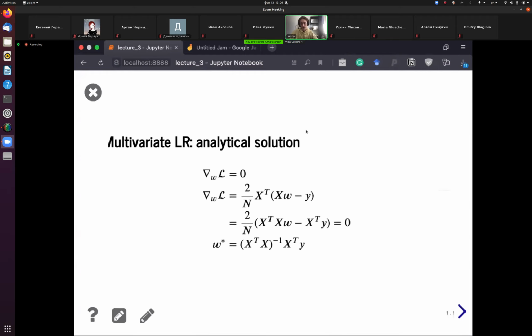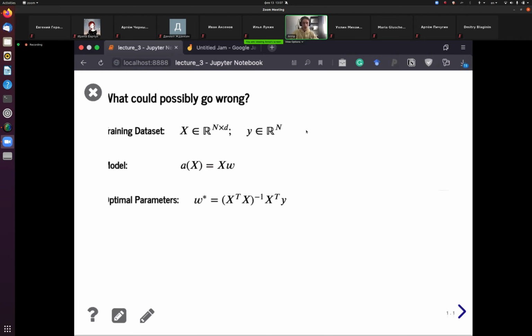We need to take the gradient and solve the equation when it is equal to 0. You already know how to take gradients of such functions. It will be equal to this equation here, and the optimal parameters then will look like X transpose X to the power of -1 times X transpose y.